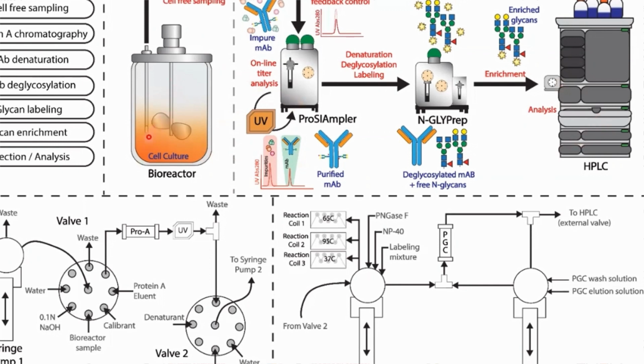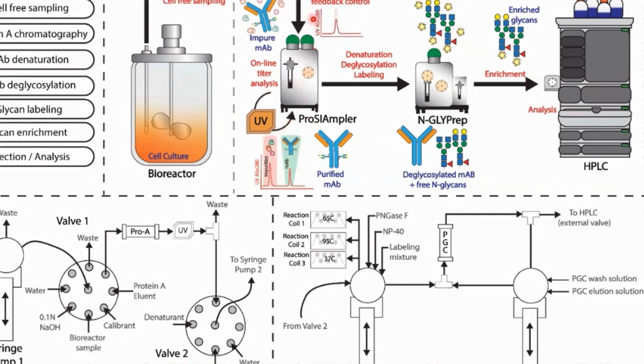You can see here the sample will come in from the cell culture through a 0.2 micron filter fiber, and that will go into what we call the ProSampler. This is a system by Fia Labs, which they brought onto the market last year. Basically, we're cleaning the sample of impurities and having pure antibody come off.